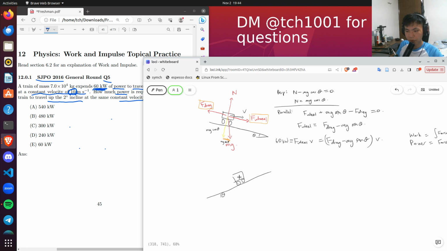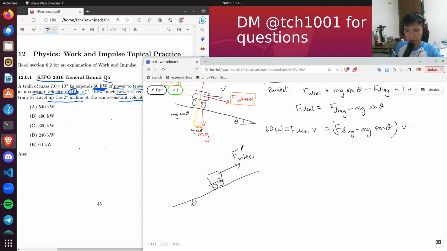The wheel force will be different, so I'm going to call it F prime wheel, prime meaning in the second scenario. So F prime wheel is not the same as F wheel. It's a different force, because now we're trying to go up the incline.